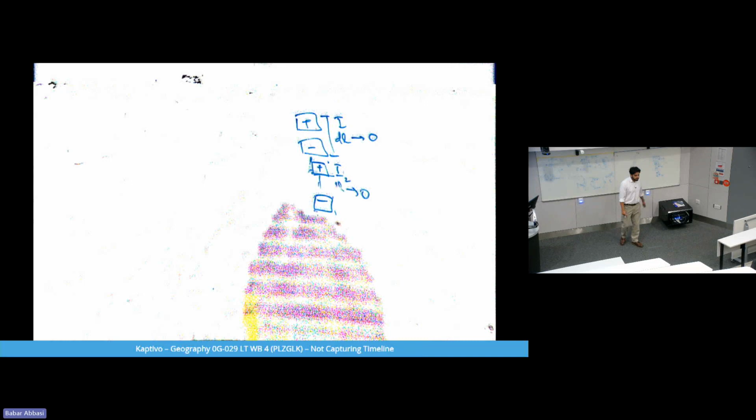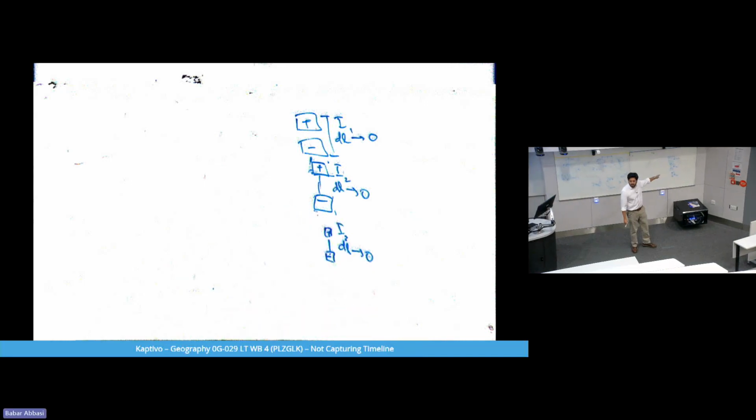A smaller box means fewer coulombs, a bigger box means more coulombs. And another one, plus, minus. So this is dl approaching zero, this is dl approaching zero, this is another I, this is another I: I3, I2, I1. Does it make sense?